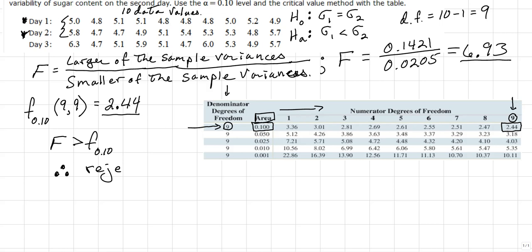And therefore, and I'm going to use the mathematical symbol for therefore, we reject the null hypothesis. And that's at alpha equals 0.10. So what does that mean? What is our conclusion? Basically, there is enough evidence to conclude that the variability of the process is lesser on the first day than the second day.